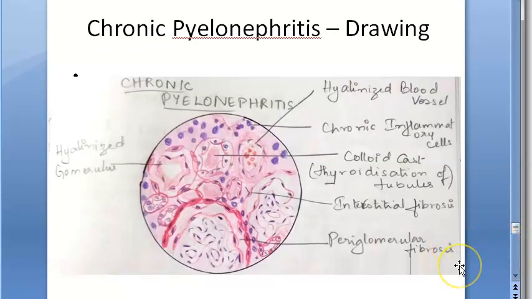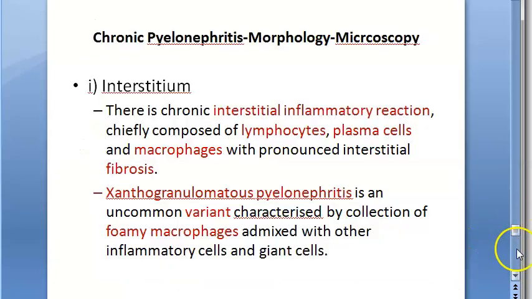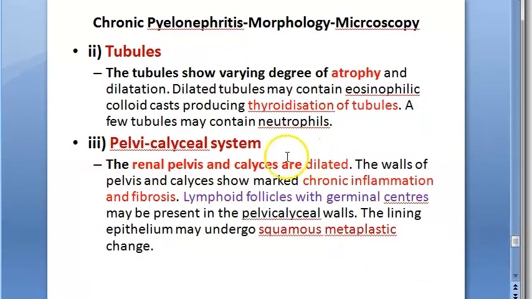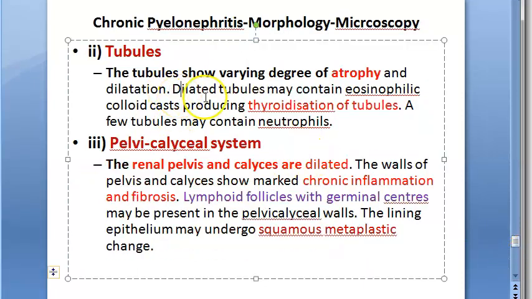In the microscopy, you will see that in the interstitium, there is inflammatory reaction, lymphocytes, plasma cells, macrophages, foamy macrophages, fibrosis. The tubules, you can see atrophy, thyroidization of tubules. Pelvicalyceal system, you can see they are dilated. There can be chronic inflammation and fibrosis. Lymphoid follicles with germinal centers.